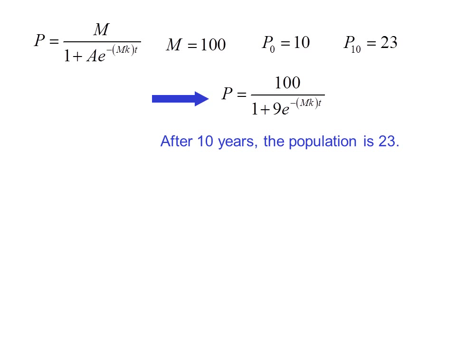After 10 years, the population is 23. So we have 23 equals 100 over 1 plus 9e to the negative 100k times 10. Notice that this time we filled in 100 for M in the exponent, which we had not bothered to do before, and we put in 10 for t.